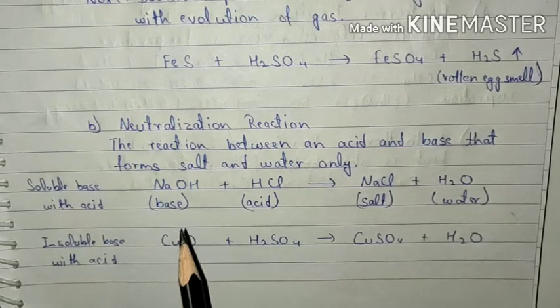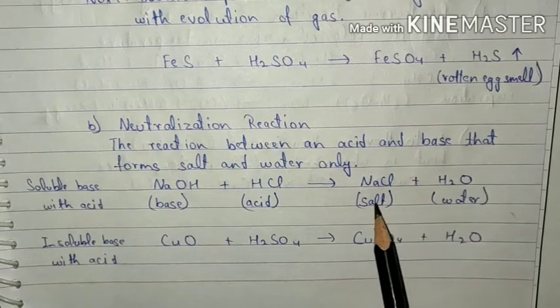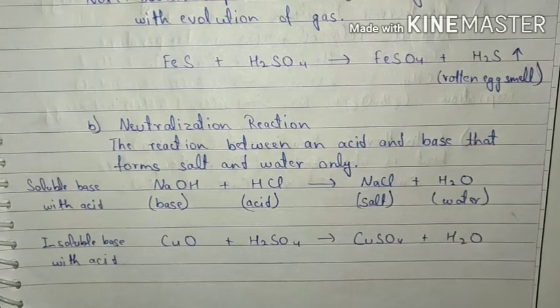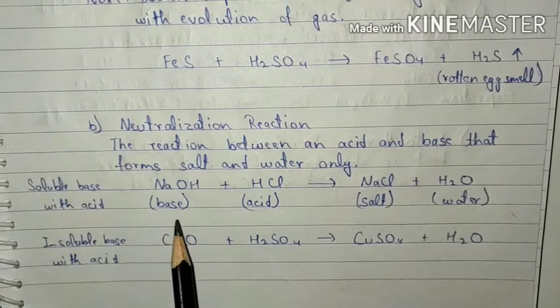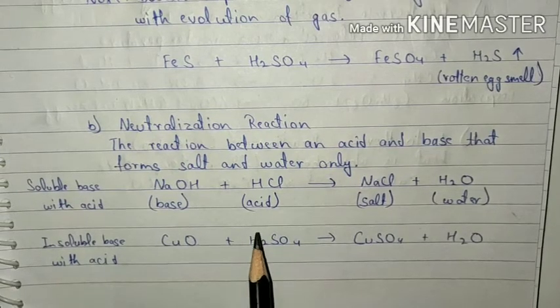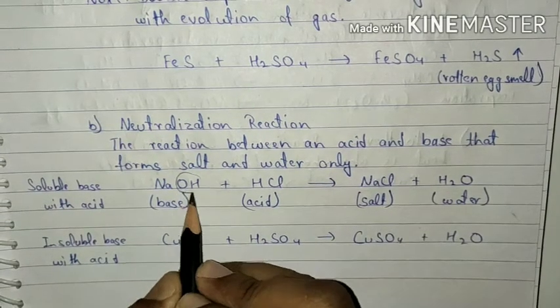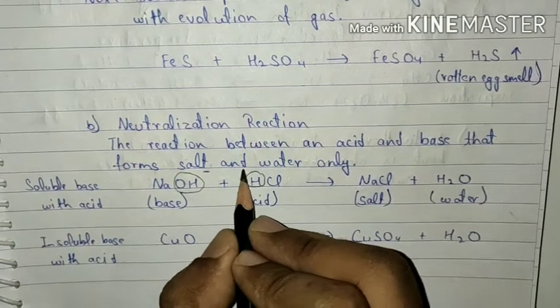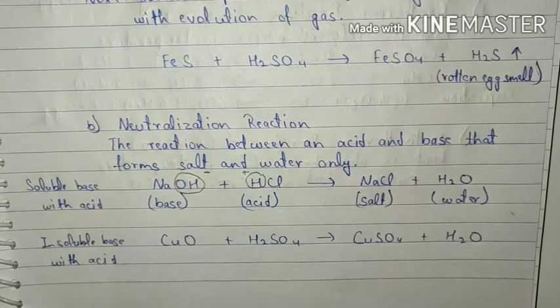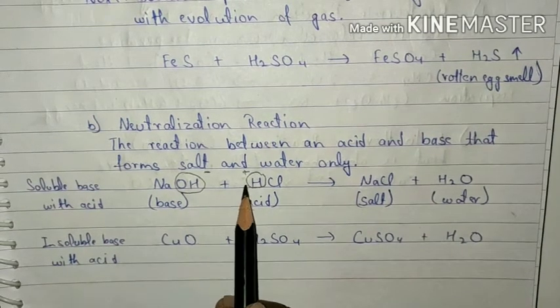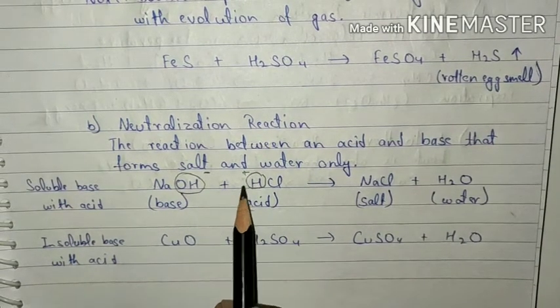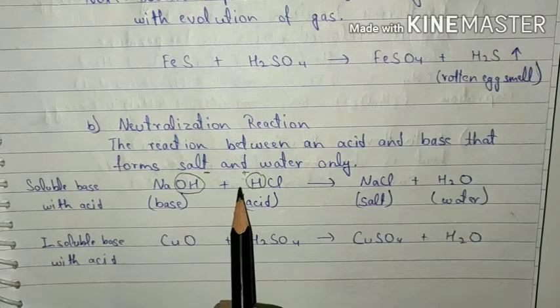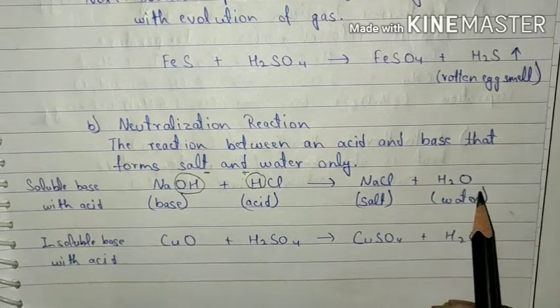So when we react a base and an acid, we observe that salt and water are produced. The thing to be paid attention to here is that whenever we react an acid and a base, the OH minus ions from the base and the H plus ions from the acid move out and combine together to generate HOH, which is also known as H2O.